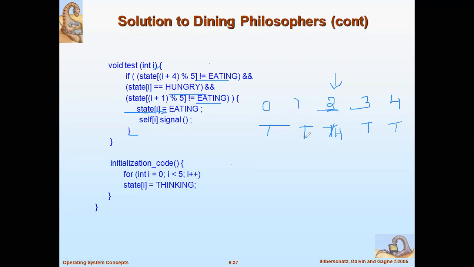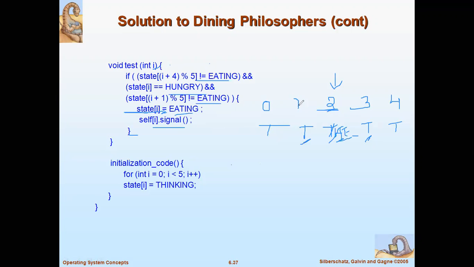Only then can his state be set to eating, and after it is set to eating, he can resume his process of eating. That is, signal is resuming the process, so he can resume his process of eating.